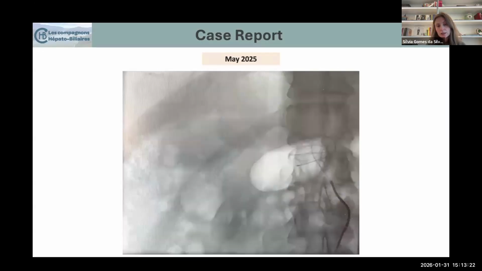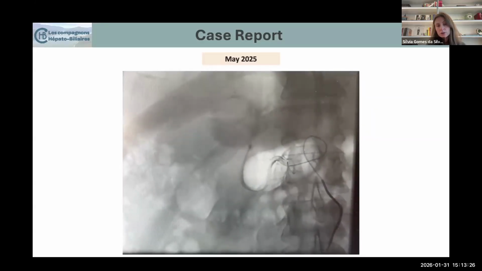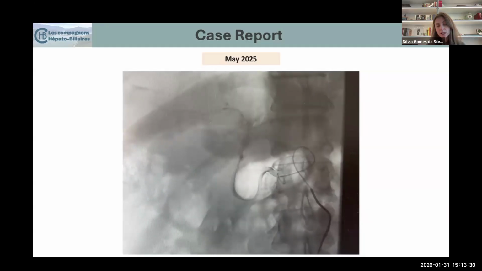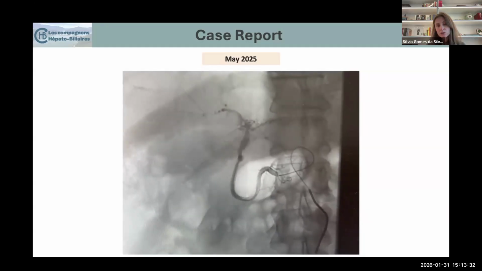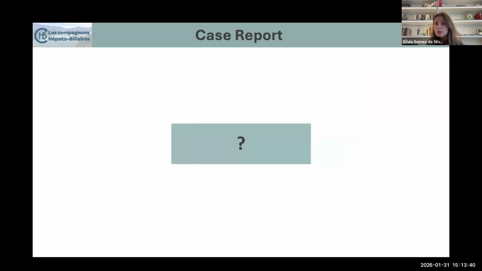And here we select the left artery from the gastric artery, but we don't have vascularization to the right, so we abort the embolization. And at this point, I presented this case in Lugano.